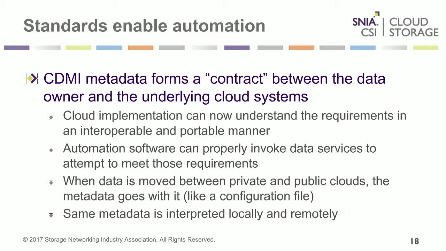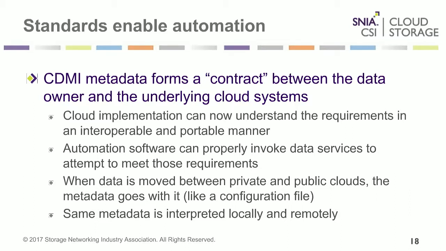So this metadata, besides being an API, ends up being kind of a contract between whoever owns the data and has set that metadata and the underlying private or public cloud systems that are trying to meet those requirements. That implementation, that automation software that either you or a vendor wrote, can now understand what the requirements are in an interoperable and portable manner. Interoperable means that the interface doesn't change, and portable means it moves.